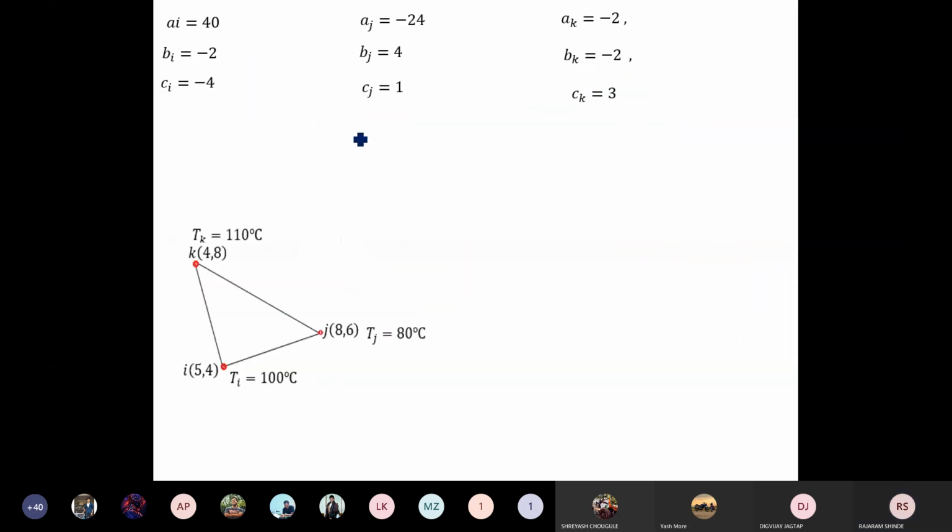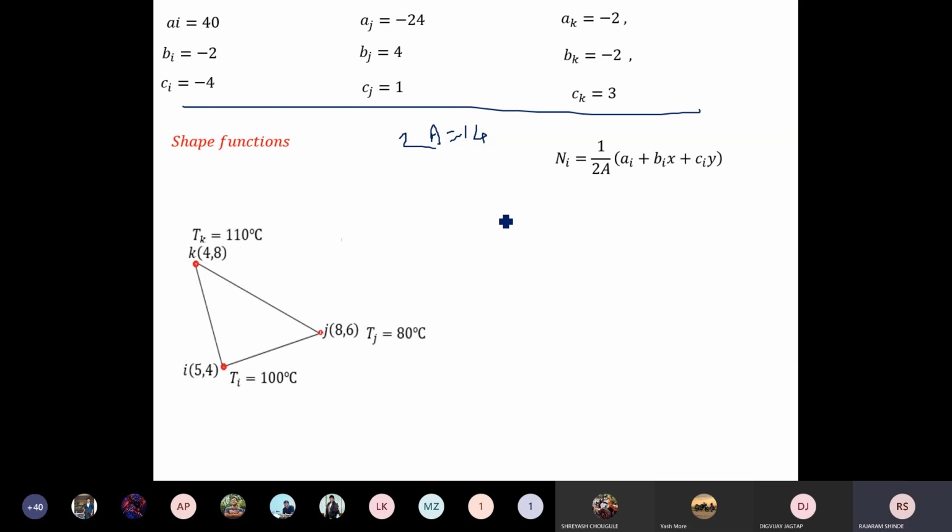Now here these are the constants, and 2A is equal to 14. Now we will calculate the shape functions. First shape function Ni is equal to this one. Now you put the values of the calculated constants and this 2A, and you tell me what is Ni.